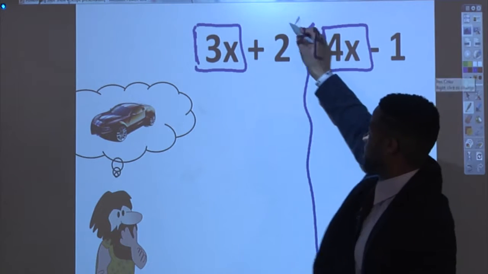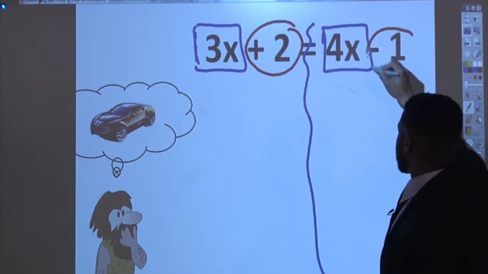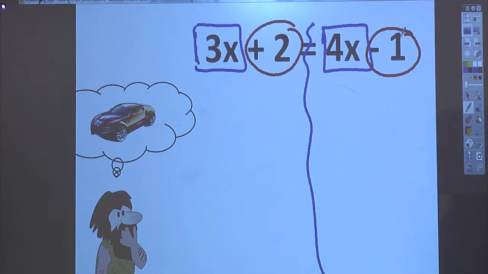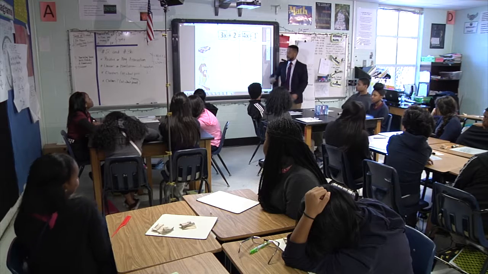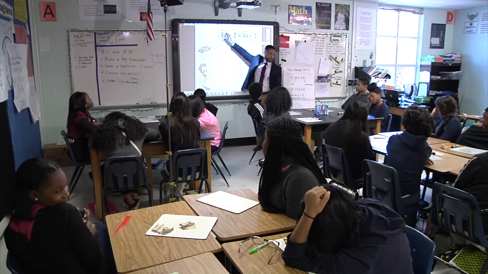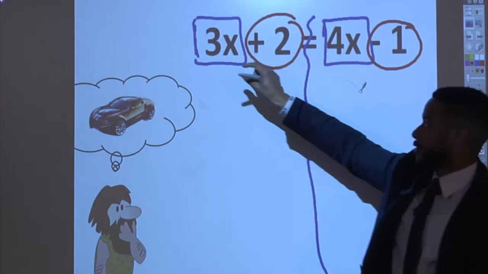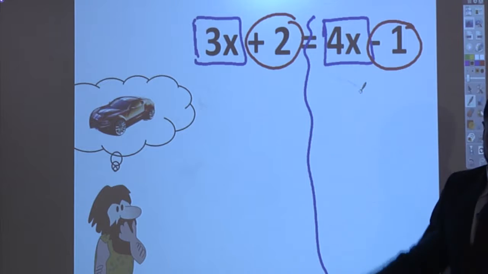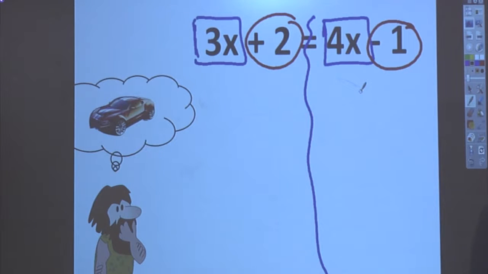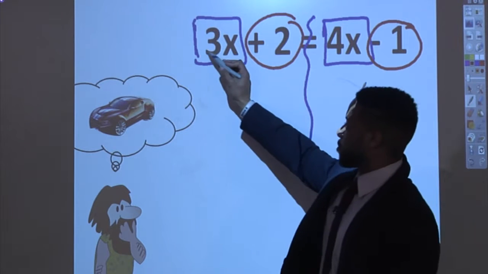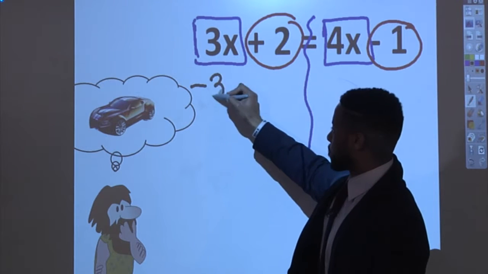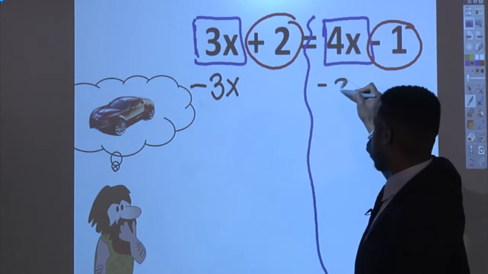And I also have positive 2, which is a like term with negative 1. I'm going to bring the smaller variable to the larger one. 3x is smaller than 4x, so I'm going to move that. That way I avoid having negative answers. So it's positive 3x. I'm going to subtract, inverse operation, from both sides.